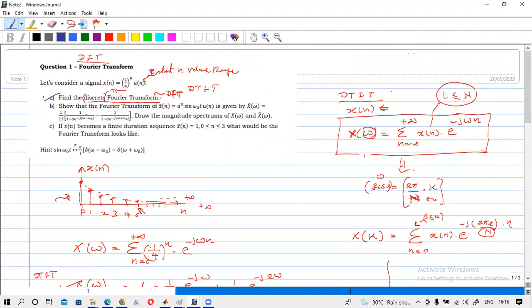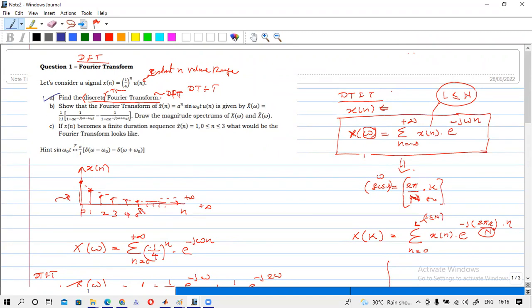Now we are asked to show that the Fourier transform of x[n] equals a^n sin ω. So we will first try to draw this signal.